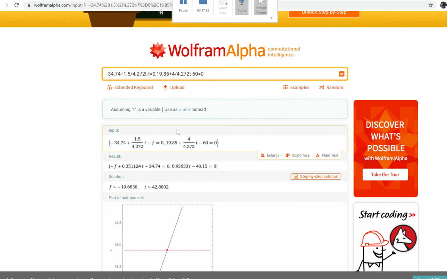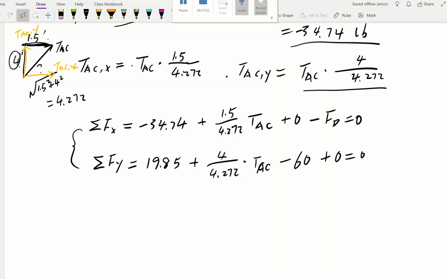Okay. So let's take a look. The equation looks right. It's translated right. And the second one looks right too. And they give us the answer already for F and T. So I'm going to take a picture and go back to the OneNote. So then my T is TAC.